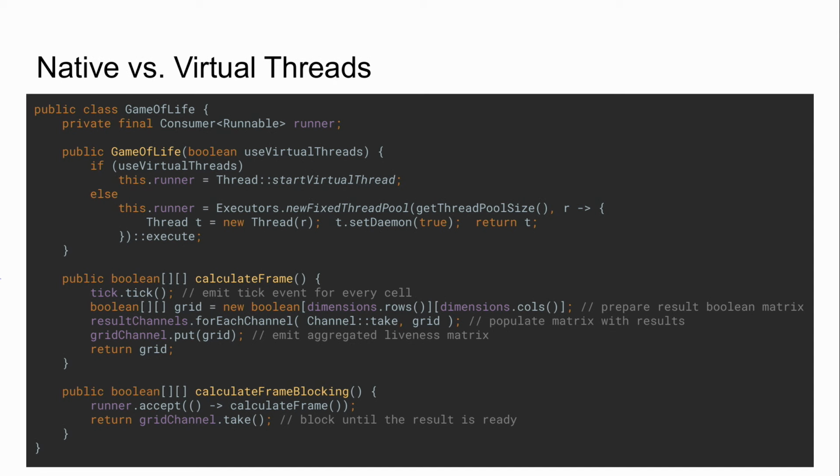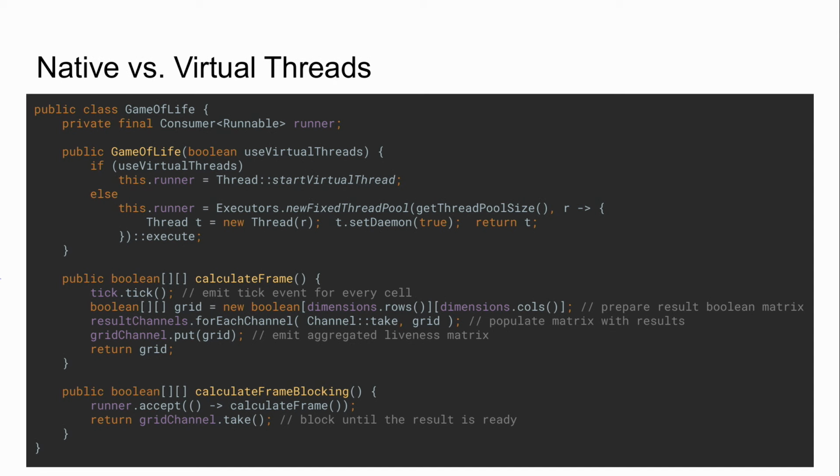So let's start seeing some results. Of course, the very first thing that I want to compare is exactly the same thing with different dimensions of the board using both virtual and native threads. As you can see here, for both the instance with 1,000 cells and 5,000 cells, the virtual thread implementation is around 7 times faster than the native thread one, which is expected, but it means that this thing is really working as expected.